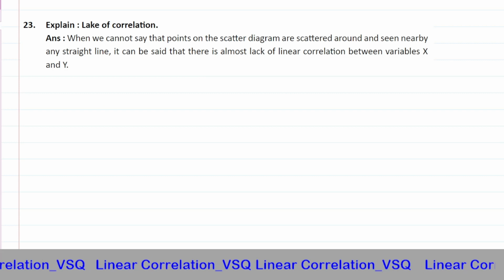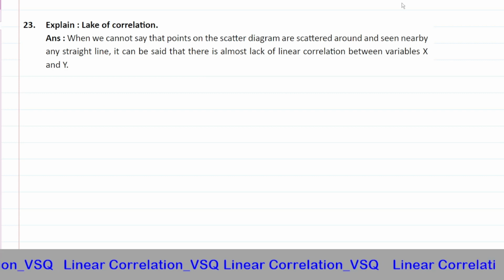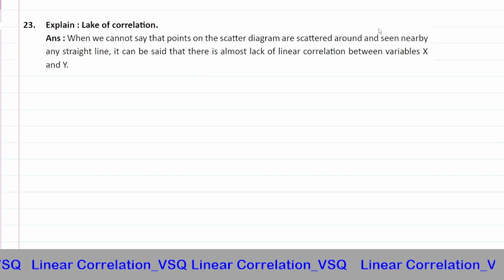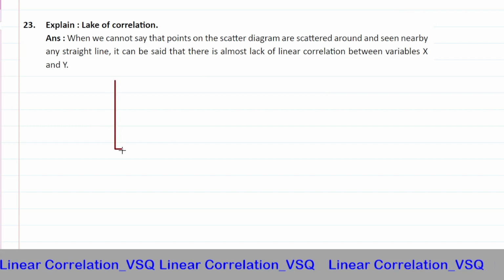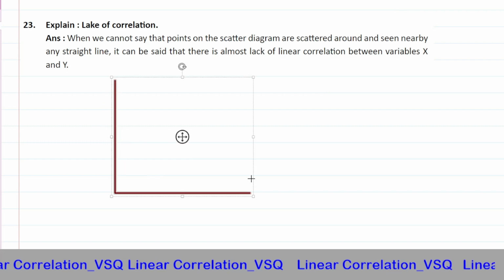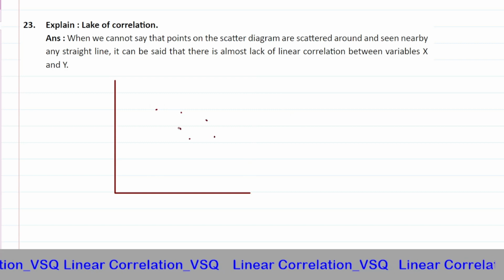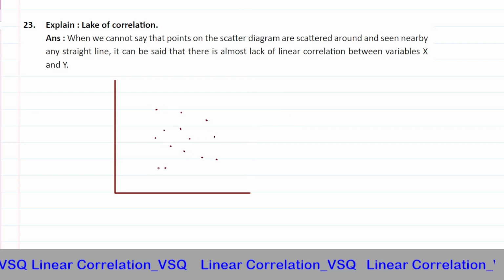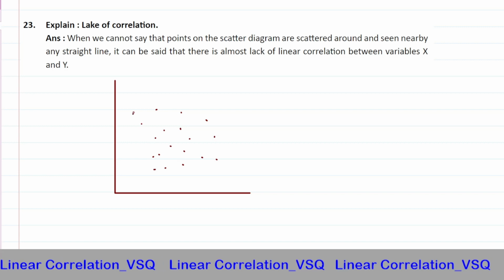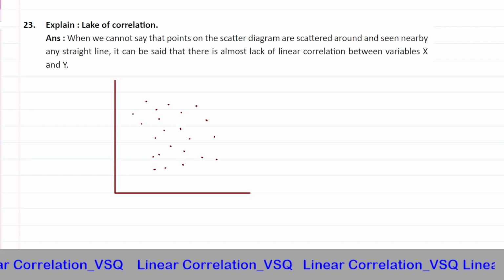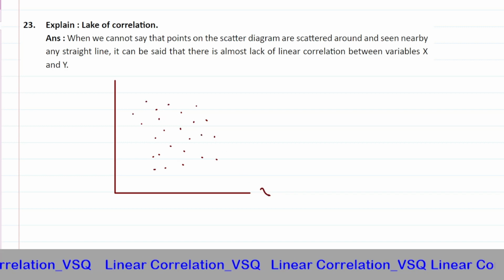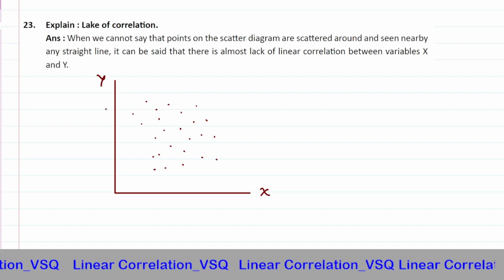Question 23. Explain lack of correlation. In lack of correlation, all the points of the scatter diagram are haphazardly or randomly distributed on the graph paper. Then there is no correlation between the two variables; they are said to be independent.